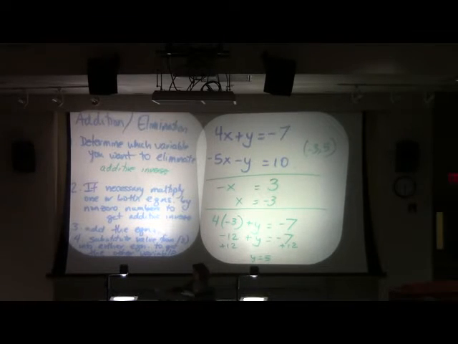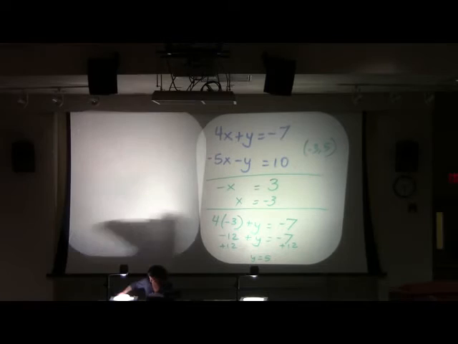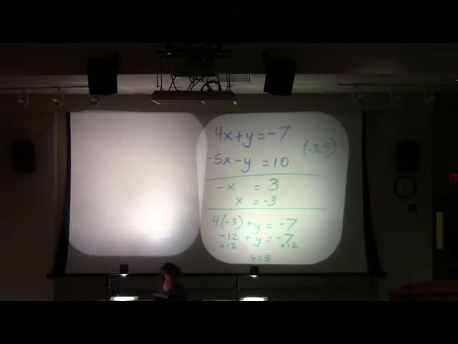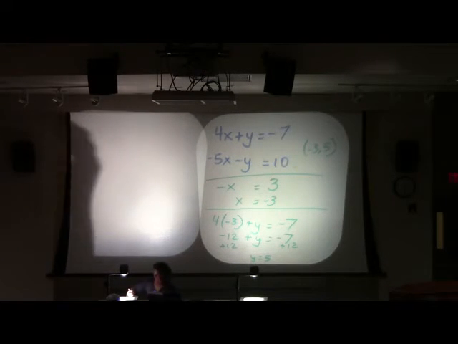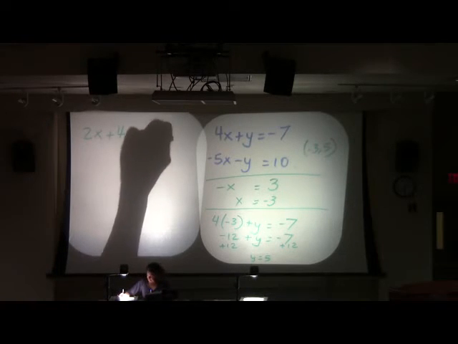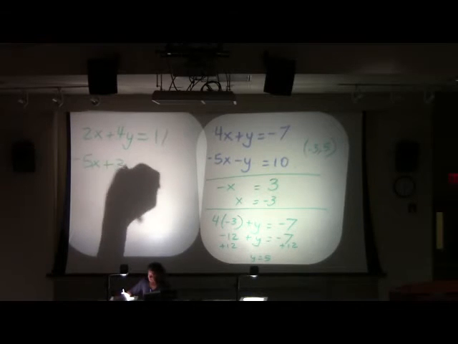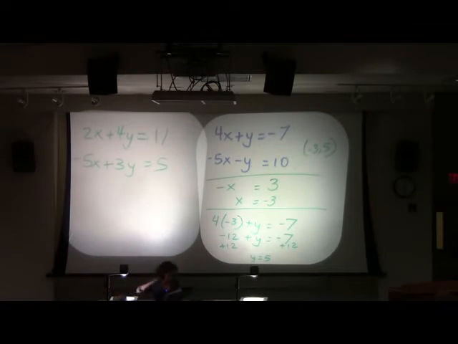All right, so let's take this example. What if I have 2x plus 4y equals 11, -5x plus 3y equals 5?